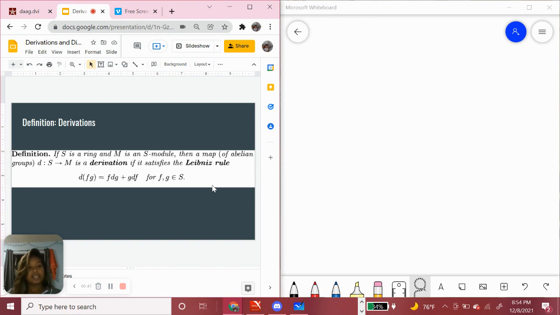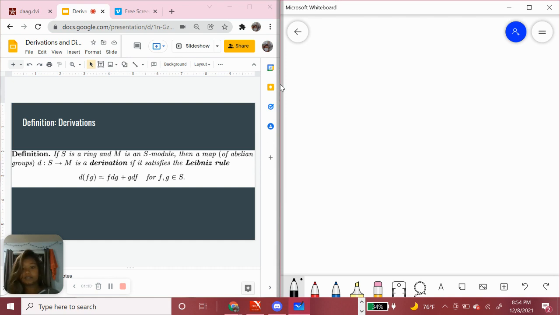Leibniz's rule is D of fg is equal to f times the differentiation of g plus g times the differentiation of f, for f and g in S. Leibniz's rule can also be thought of as the product rule from calculus. Most of us likely remember it, but I'm just going to rewrite it here for you.